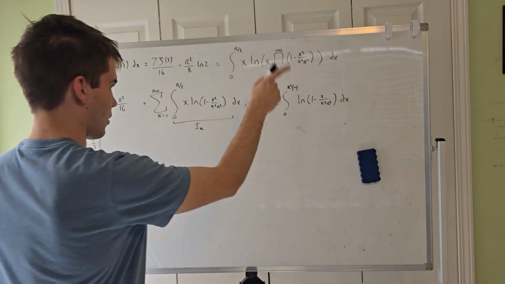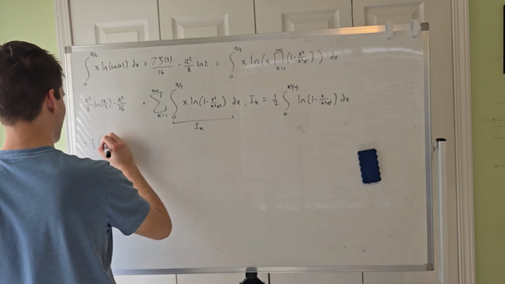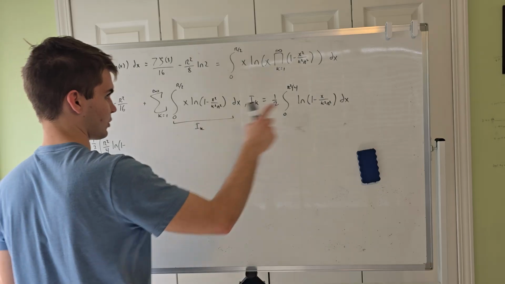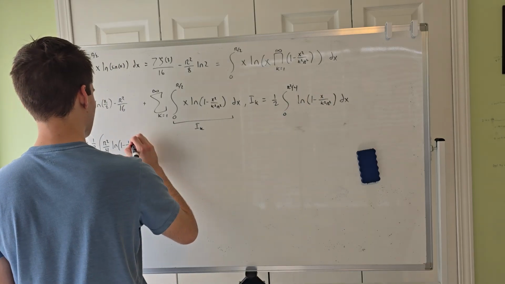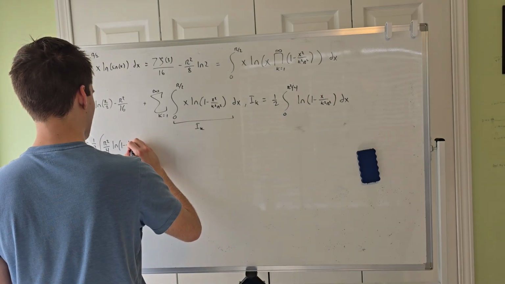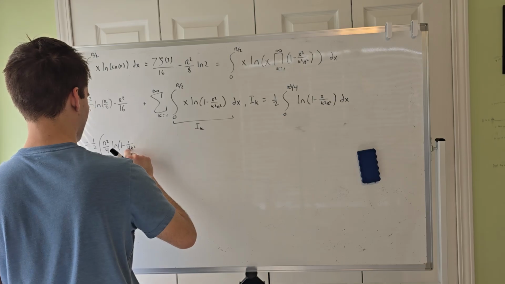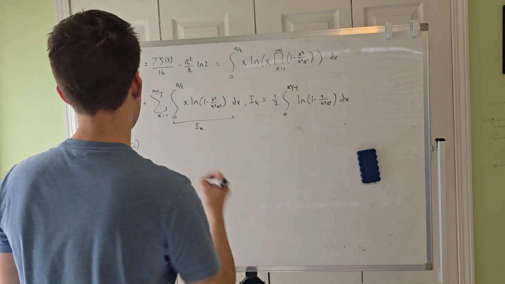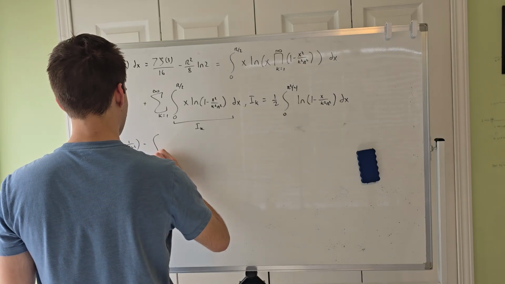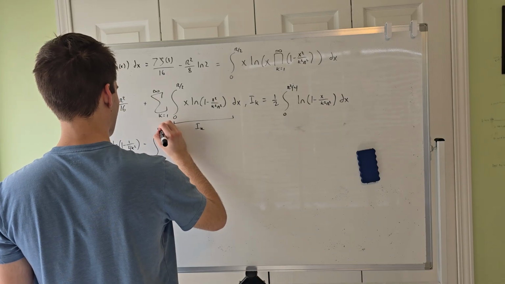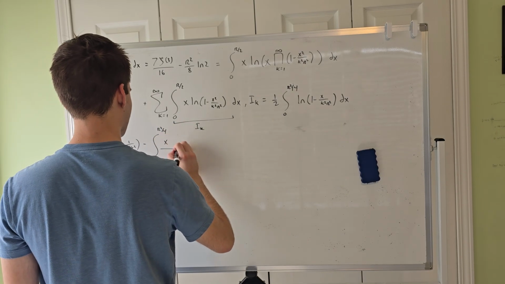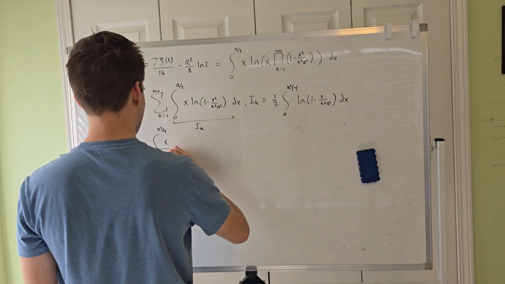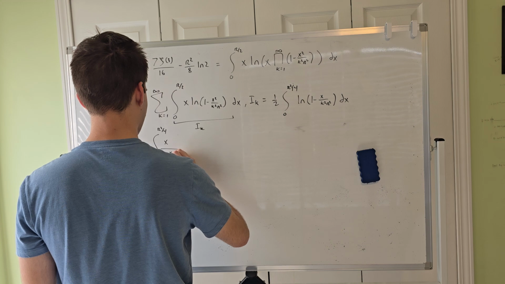At 0, the terms are going to go away, so at pi squared over 4, we're just going to have pi squared over 4 ln of 1 minus, you plug in pi squared over 4 here, that gives you 1 over 4k squared. And then we're going to have a minus the integral from 0 to pi squared over 4 of x over 1 minus x over k squared pi squared.